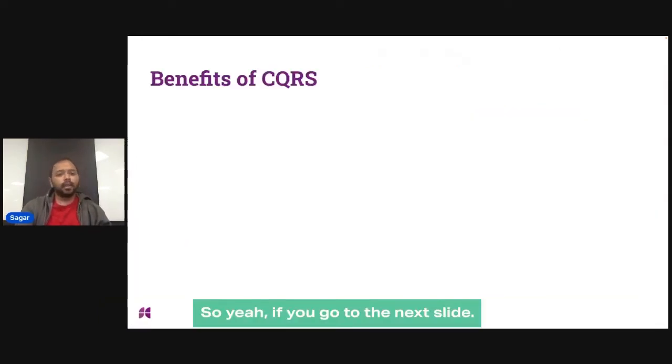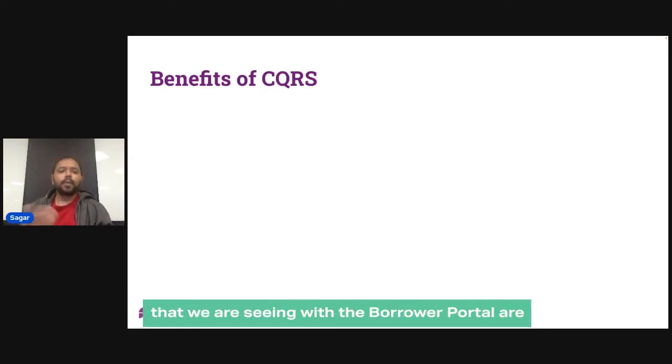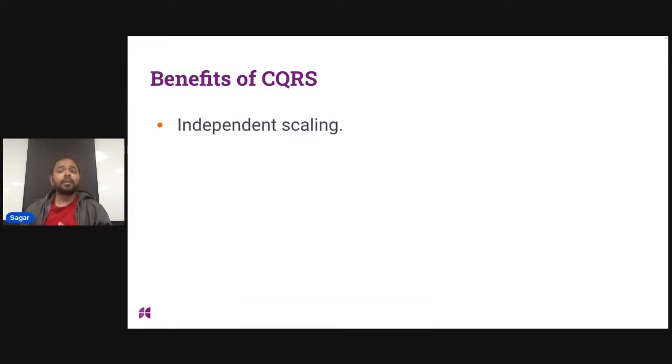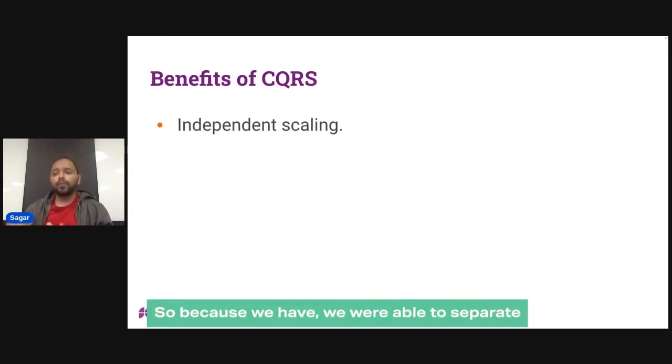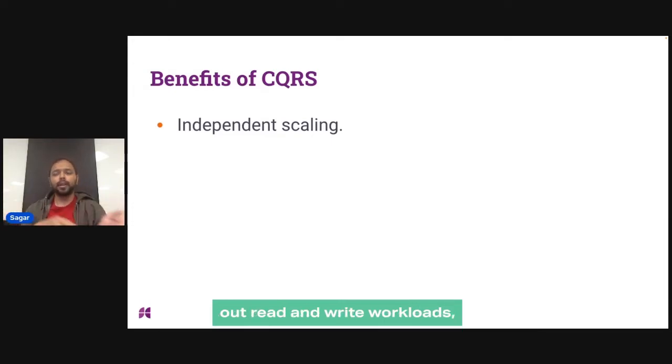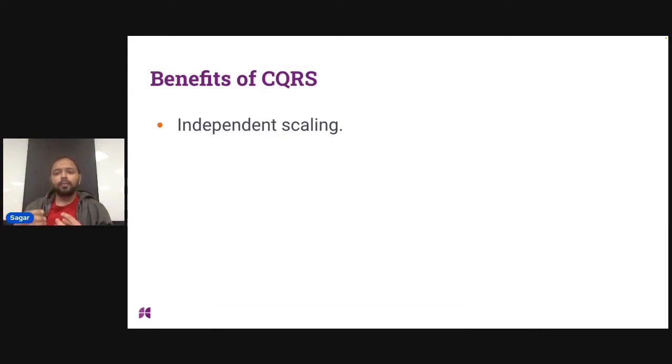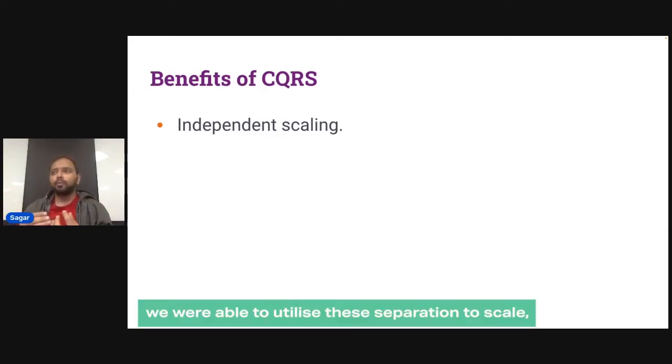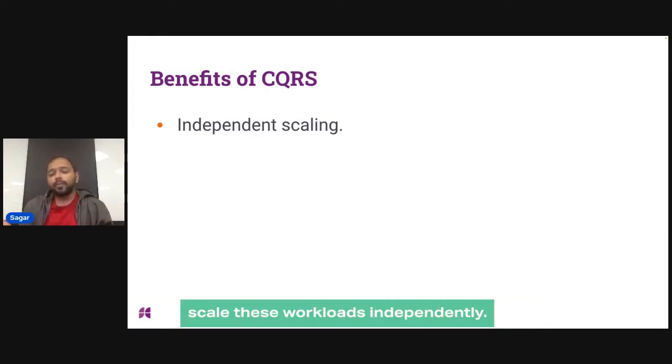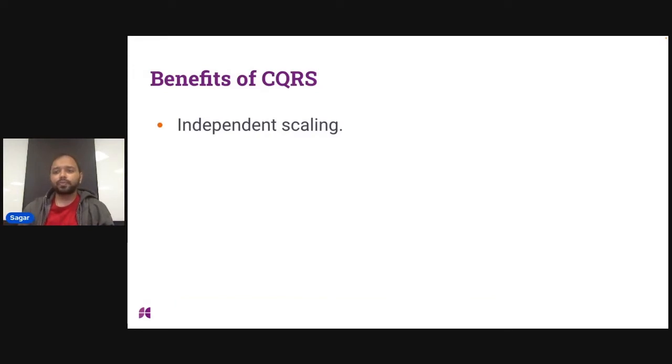So yeah, if we go to the next slide. Some of the benefits of CQRS that we are seeing with the borrower portal are independent scaling. Because we were able to separate out our read and write workloads, we were able to utilize this separation to scale these workloads independently.